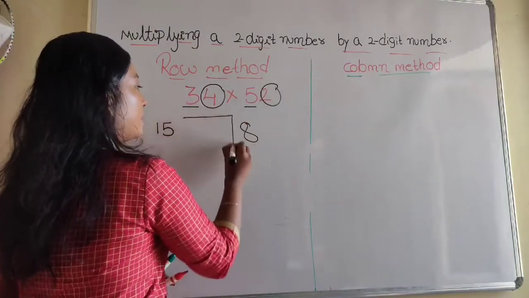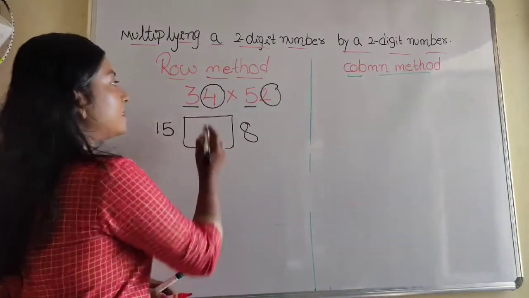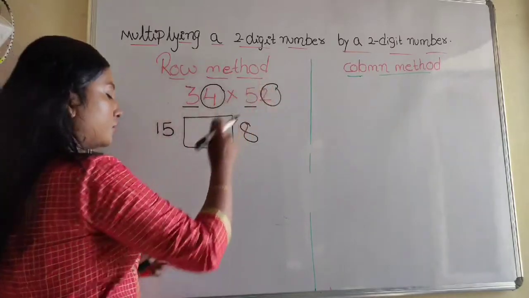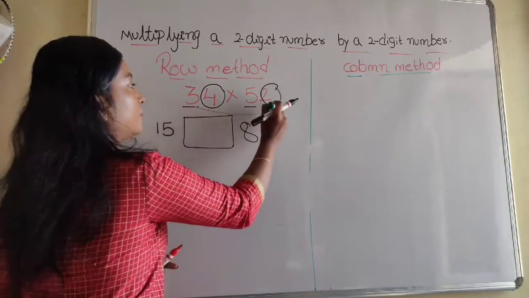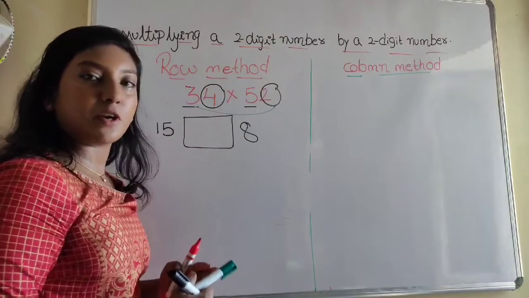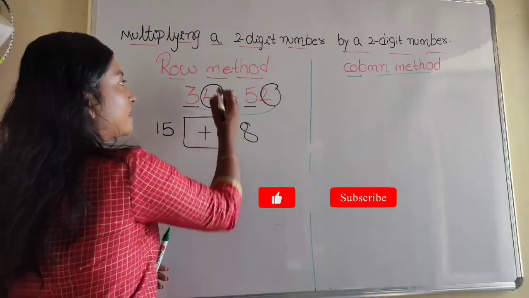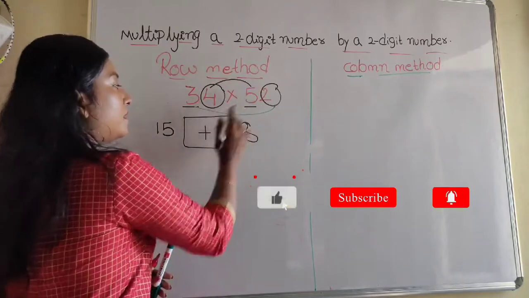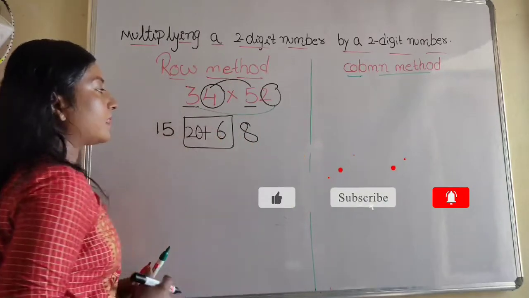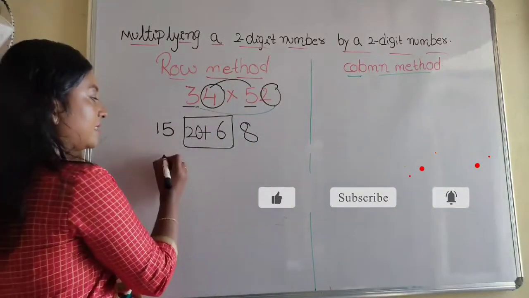Now let us find the middle numbers. 3 into 2. So we have to multiply 3 into 2. That means the extreme digits we are multiplying here. 3 twos gives 6 plus the middle numbers 4 into 5, 20. So start adding this.